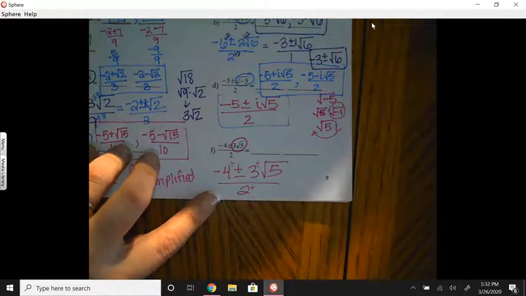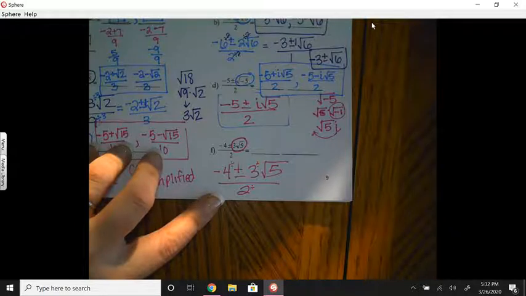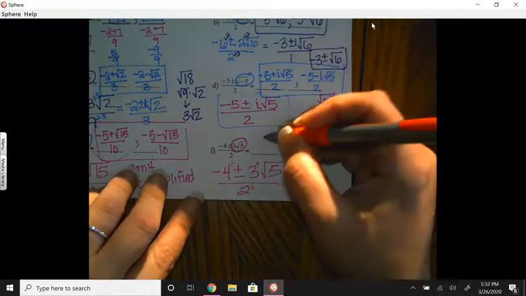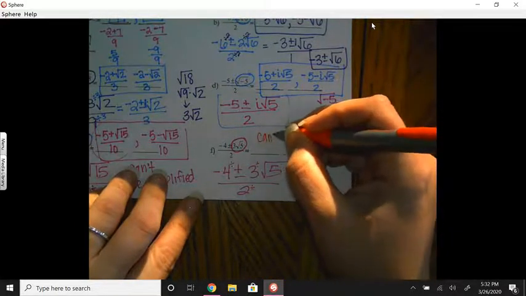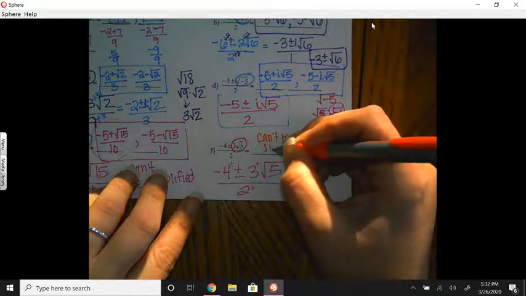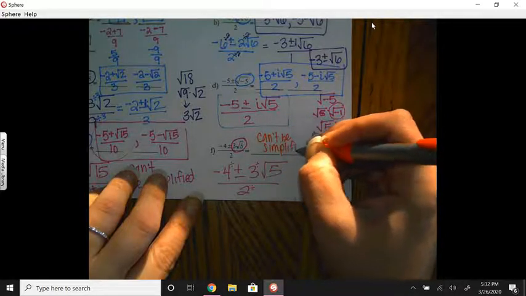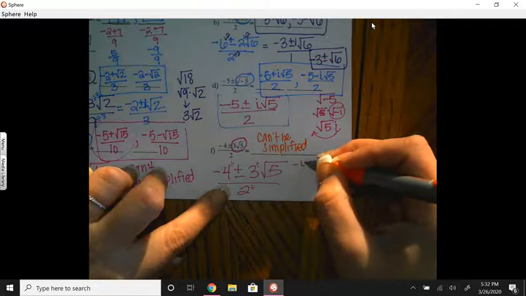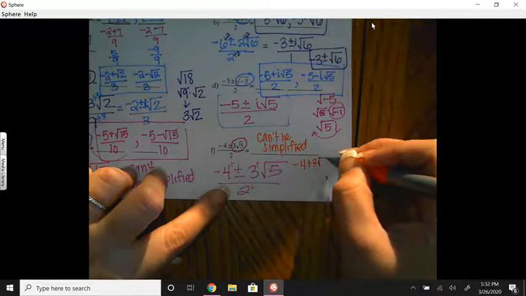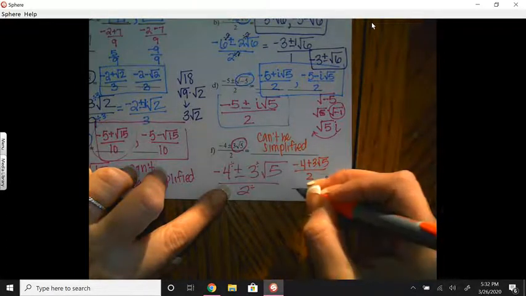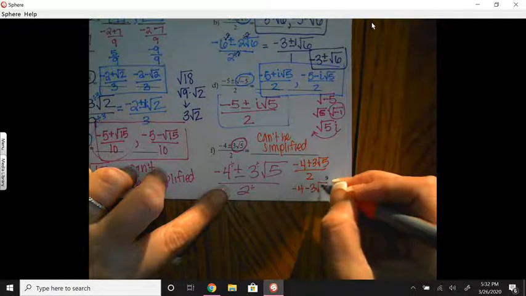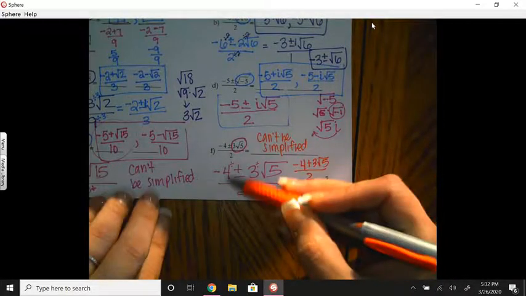So there's no number that goes into all 3 of them, so this one also cannot be simplified. So we would just leave it as -4 plus 3 rad 5 over 2 and -4 minus 3 rad 5 over 2. So nothing will change.